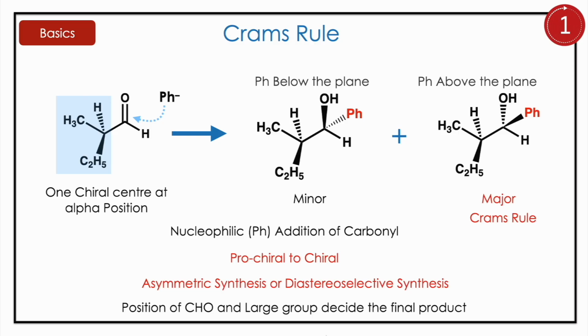The major product is the less hindered product. Basically, you are converting a prochiral center into a chiral center with high selectivity. So you can say it is asymmetric synthesis or diastereoselective synthesis. Here, the main factor deciding the final product is the large group in the alpha position and its relation with the carbonyl.